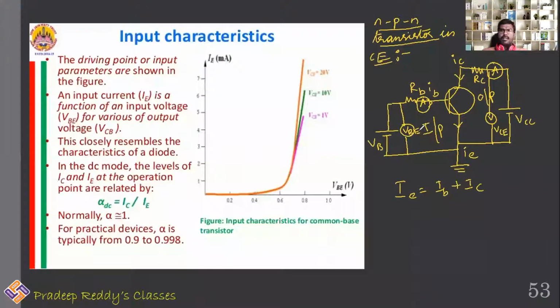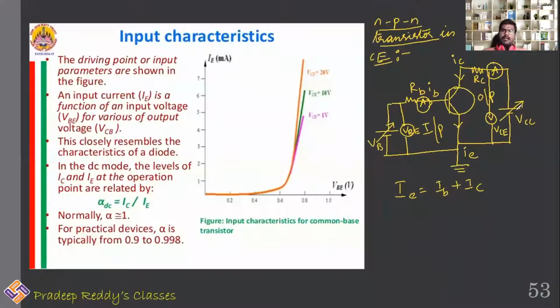There will be some variable voltage here and there will be some variable voltage here, which is provided for both.